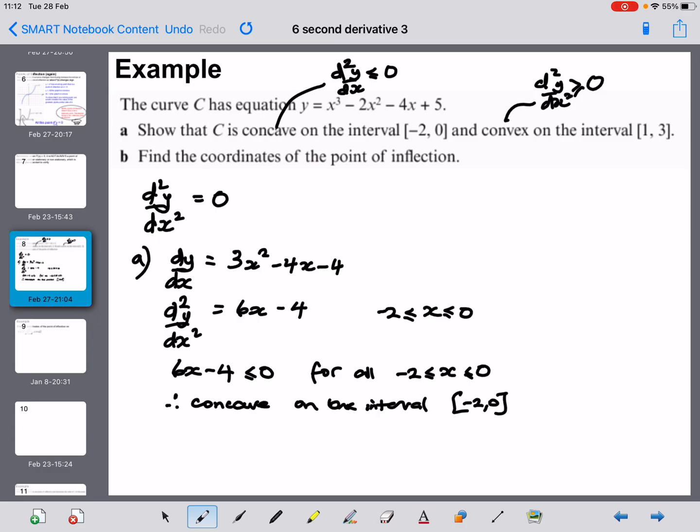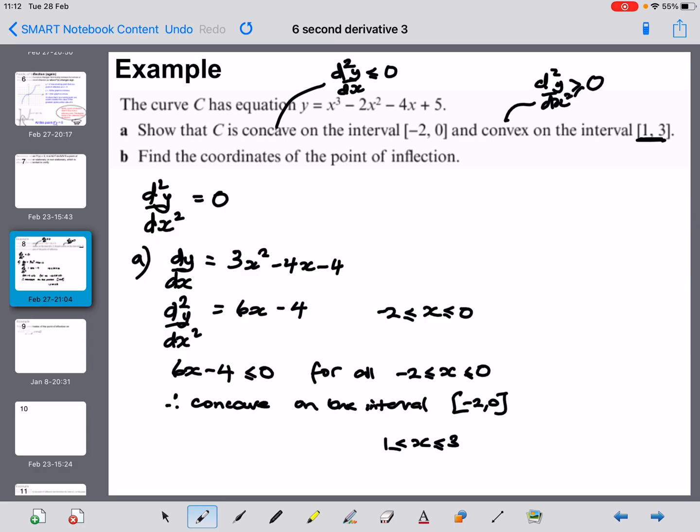Okay, now I can do the exact same thought process again. If I now consider where x is greater than or equal to 1, but less than or equal to 3, then again, if I substitute in when x is 1, 6 minus 4 will be 2, and when x is 3, 18 minus 4 will be 14.